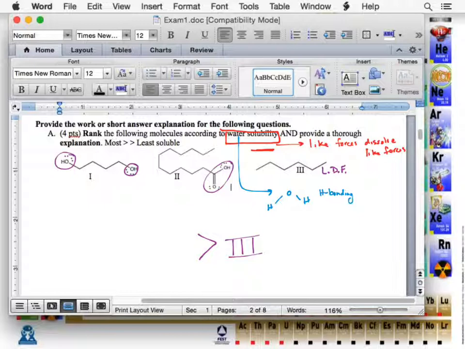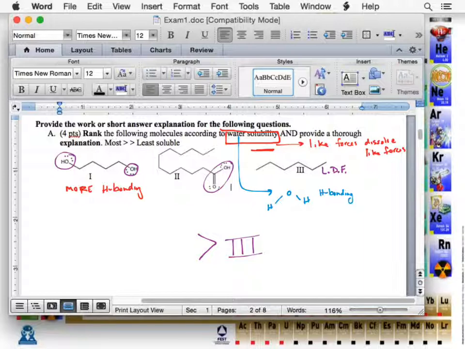Deciding between the other 2, well, we've got both of them having hydrogen bonding interactions. So how do we decide between those 2, which one should be better? This one has more hydrogen bonding options. So what does that mean?